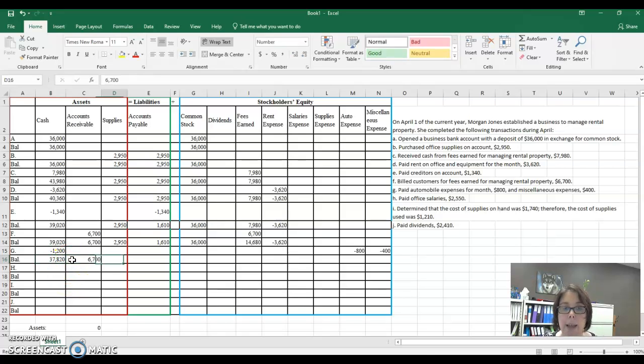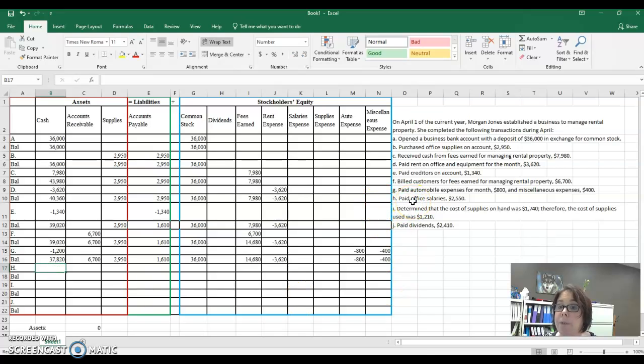We still have our accounts receivable, our supplies, and our accounts payable balance out there. Our common stock, we have $14,680 in fees earned. We still had our rent that we paid. And now we can add negative 800 and negative 400. Those total 47,470. So we're still in balance.